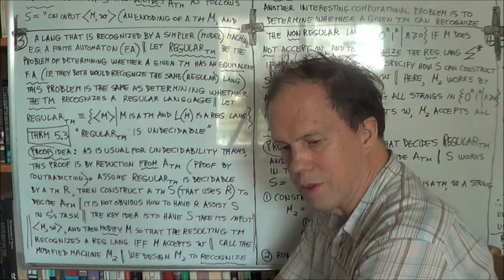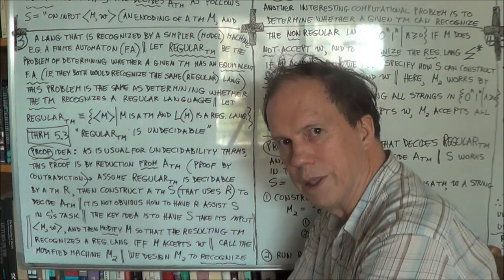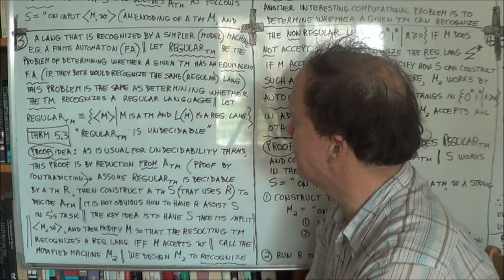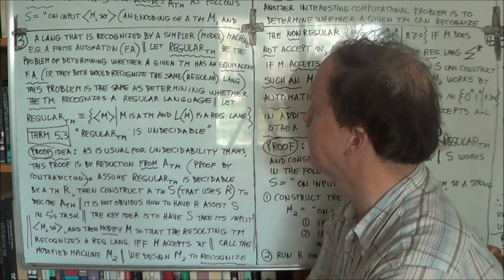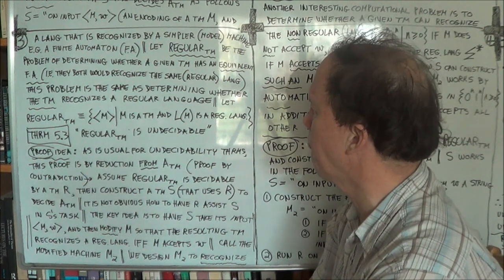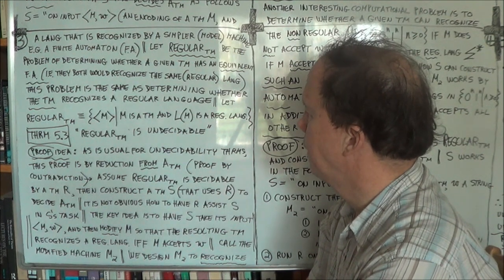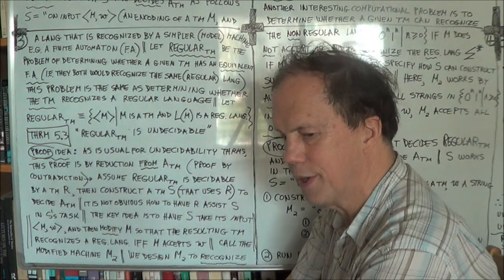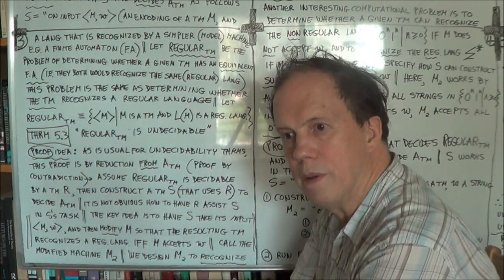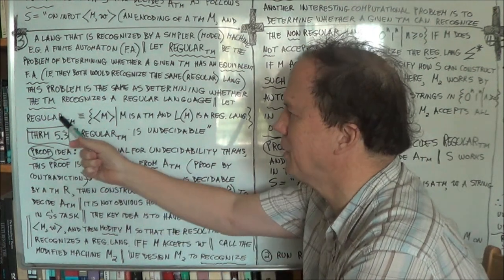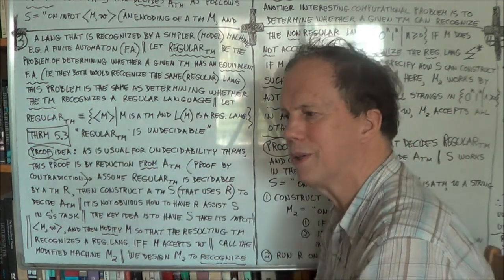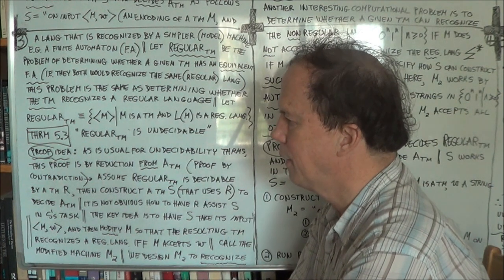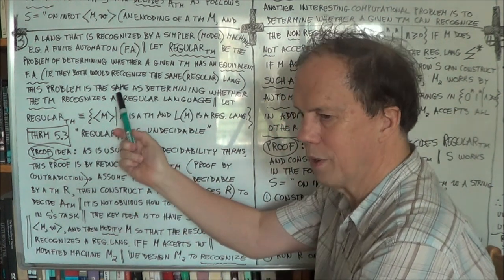Sipser insists on translating all computational problems into language problems. So why is that? If this language can be decided, and we're trying to show that this cannot be decided, but imagine it can be, then that's the problem.